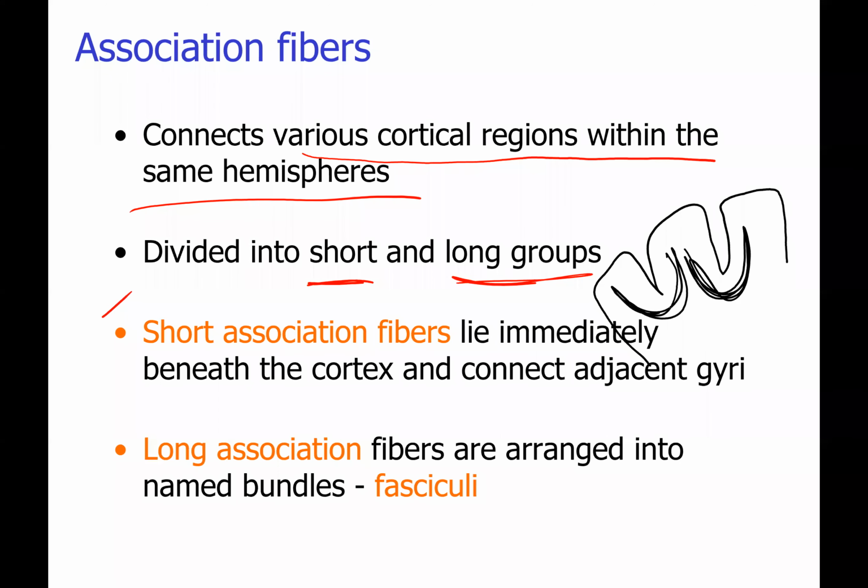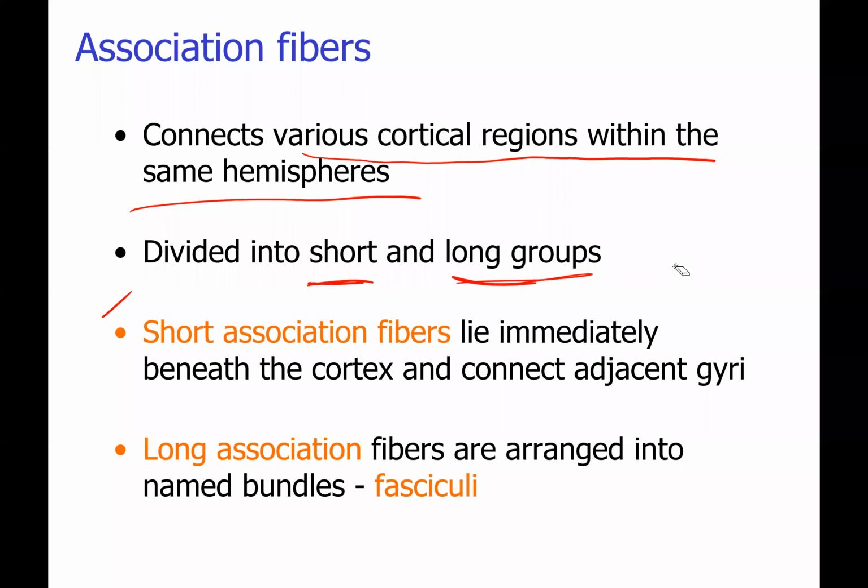They are connecting adjacent gyri to each other. On the other hand, long association fibers, if I draw the brain like this, if this is the left cerebral hemisphere, long association fibers will connect very distant areas from the cerebral cortex to each other.